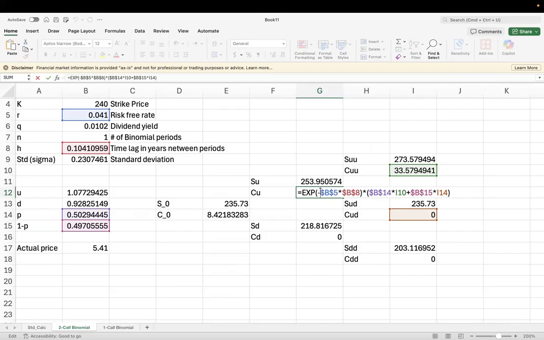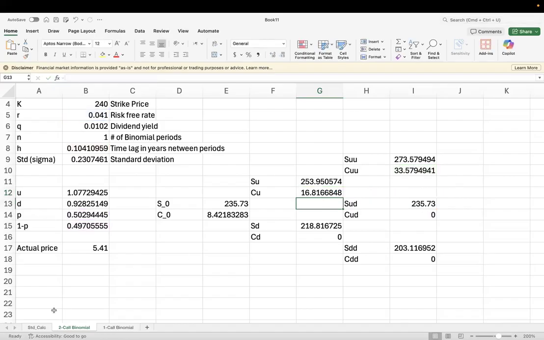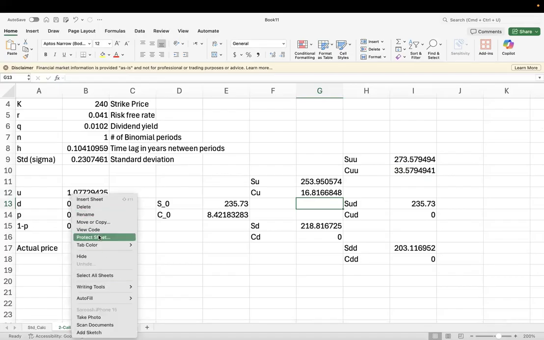Exponential of negative R times H, which is the discounting factor that we have on the negative side. And P times that plus 1 minus P times this. Perfect. Okay.